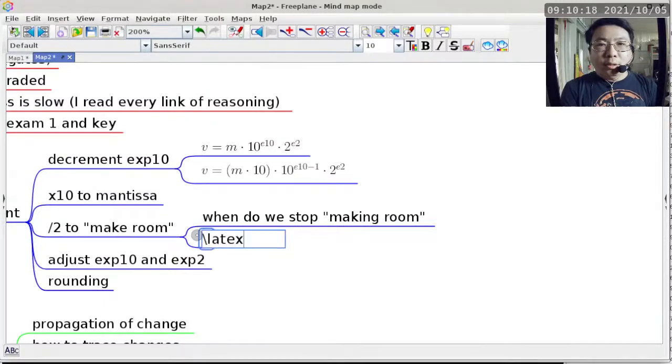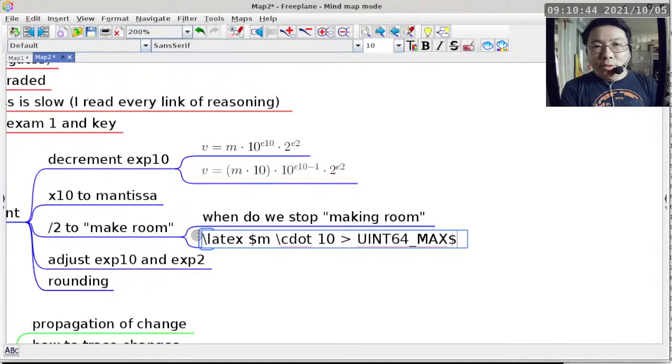The most intuitive way to look at the equation is, if we multiply m by 10 again, it is going to exceed what we can represent using an unsigned 64-bit integer. So we'll say, if we multiply that by 10 again, it's going to be greater than uint64_max. And yes, you are correct that I'm giving you part of the answer.